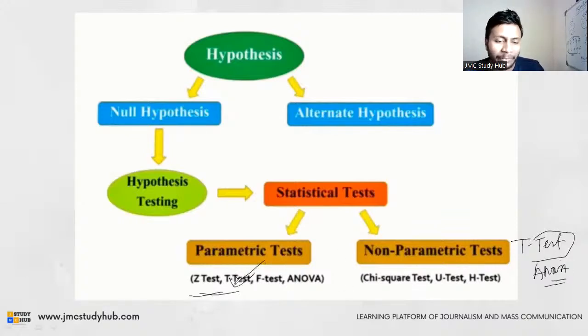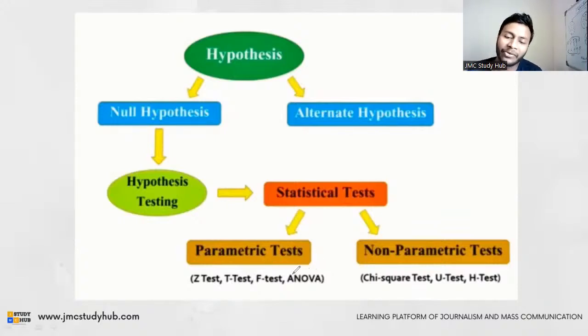The answer would be parametric test. So you have to remember and memorize the examples of parametric and non-parametric. Please keep in mind which example comes under which type of test. This is one important thing.